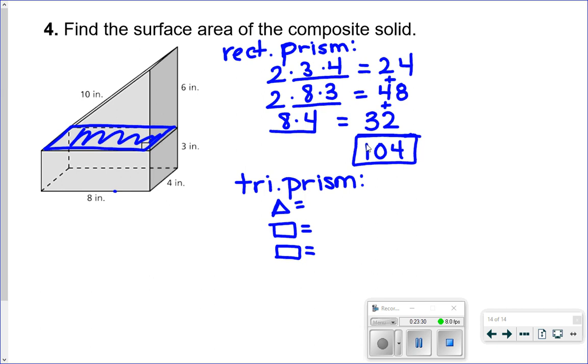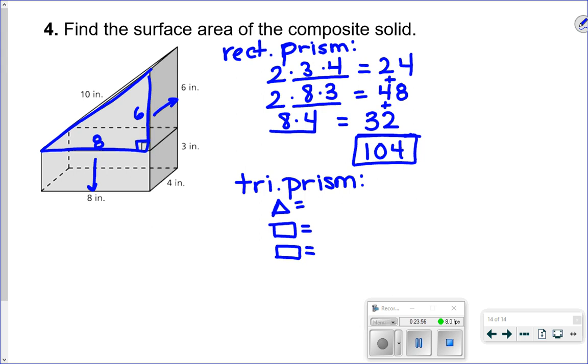For the triangles, I'm going to erase here so you can see it a little bit better. We have to look for the 2 parts of the triangle that form the right angle. So here's one of my triangles. If I look down, that tells me this side length of the triangle is 8. And if I look to the side, it tells me this side of the triangle is 6. I know those are the parts I need because of this right angle that's marked here.